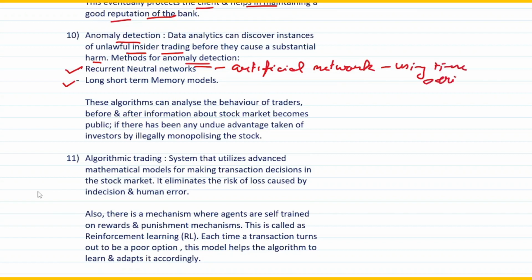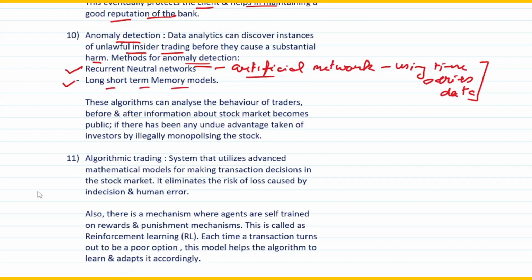We've already read about time series data. If you remember, we spoke about stock prices analysis, and when we spoke about data processing we read about weather data, interest rates and stock prices. That's what time series data is. So basically a recurrent neural network is an artificial network that uses time series data.